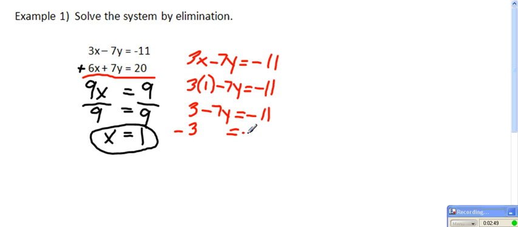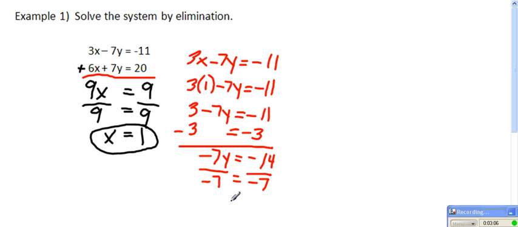We need to subtract 3 from both sides, giving us negative 7y equals negative 14. To get y alone, we are going to divide by negative 7, giving us y equals 2.